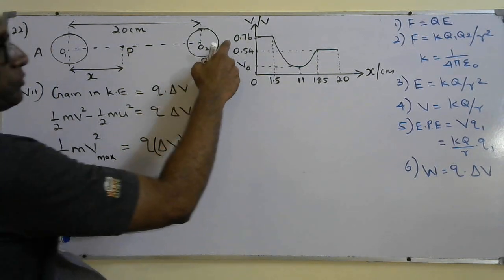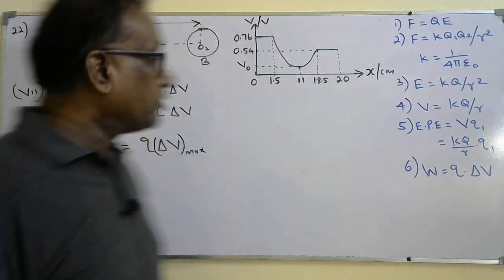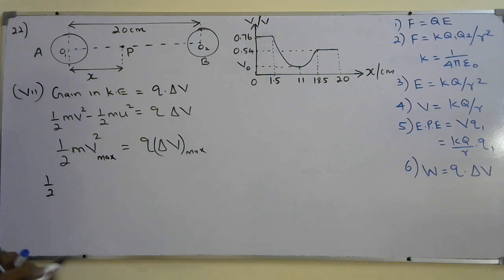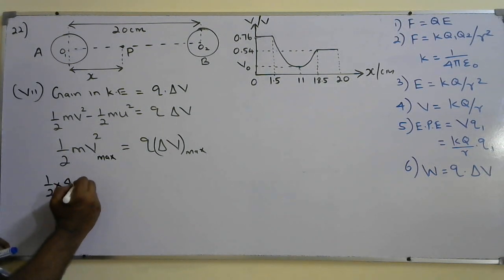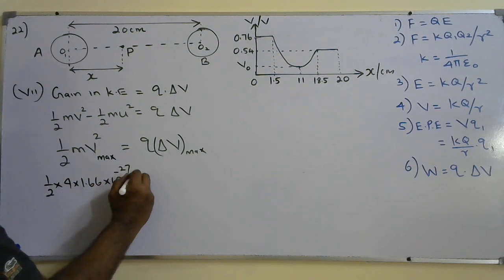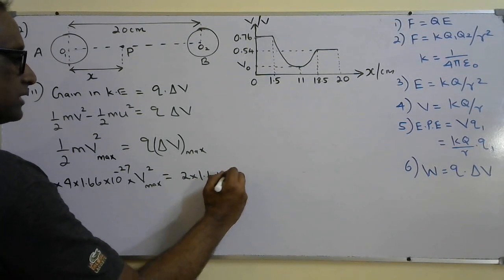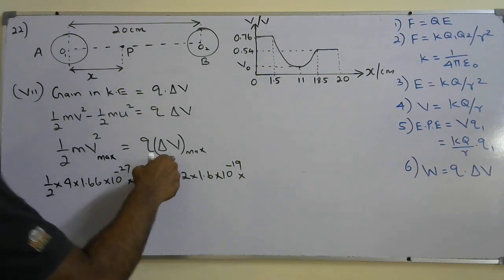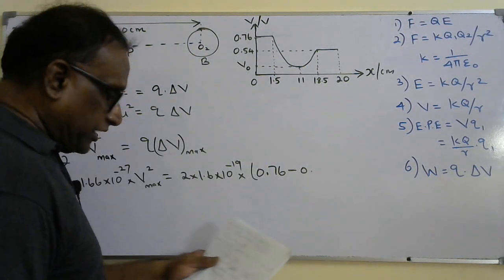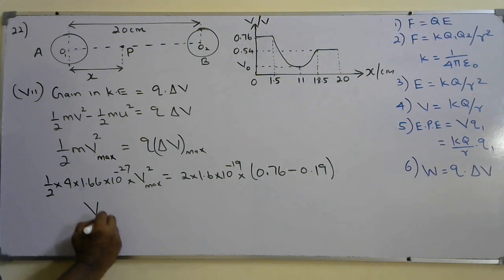That happens at 0.76 minus V naught, where V naught is the lowest potential point, 11 centimeters from the center of O. Now we can find half into the mass of alpha, which consists of 4 nucleons, so 4 times 1.66 times 10 to the power minus 27, times v max squared, equals the charge of alpha, 2 times 1.6 times 10 to the power minus 19, times 0.76 minus 0.19. That will give the maximum difference. Okay, solve it for v max.